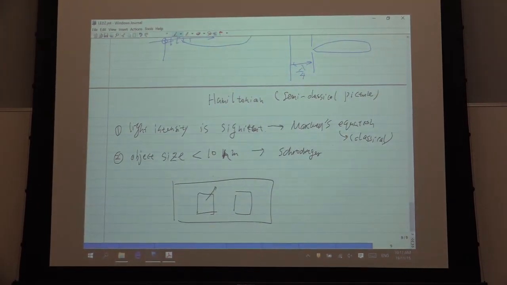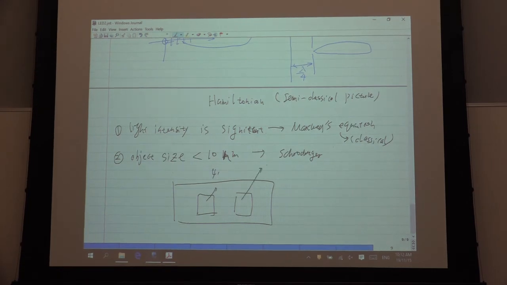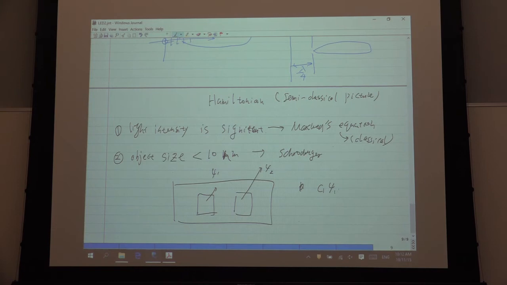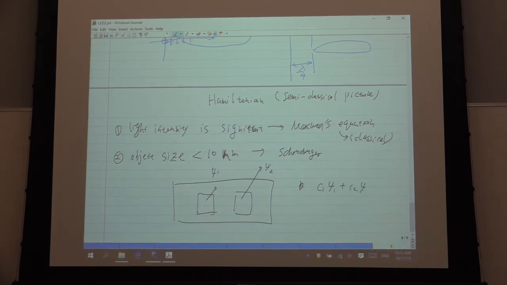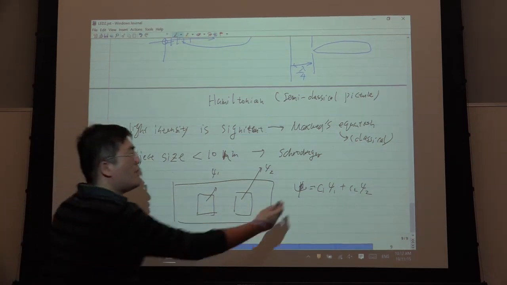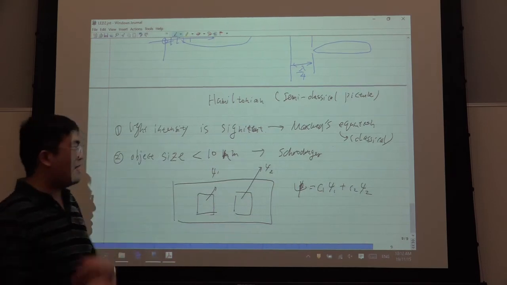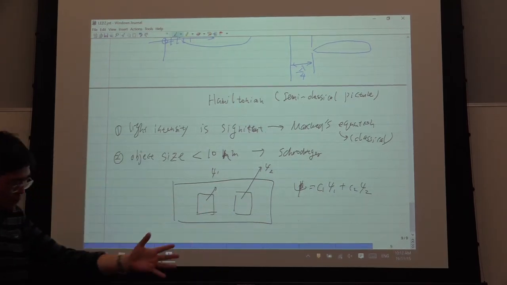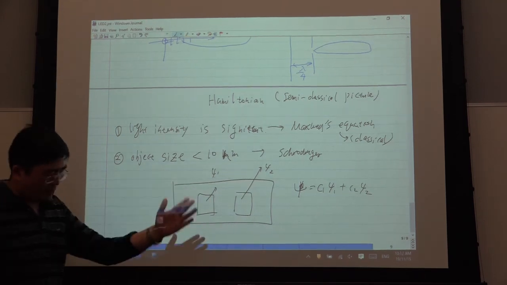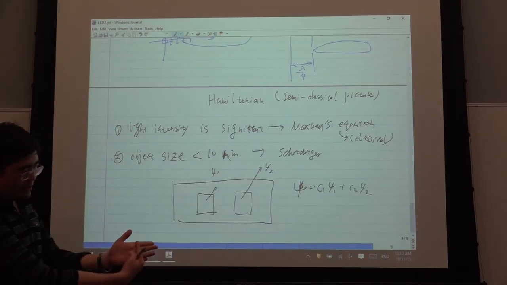We call this wave function phi 1 and this wave function phi 2. Finally, we get the final wave function, a superposition of these two wave functions. The wave function is a complex number, so they can interfere. So if I put a screen after this screen, you can see an interference pattern.